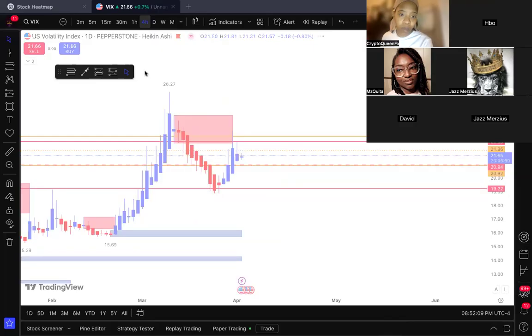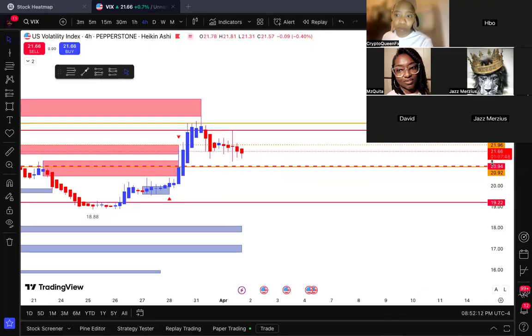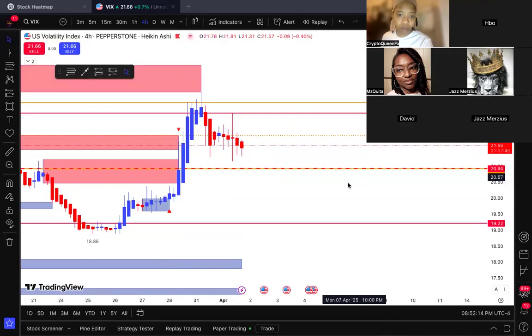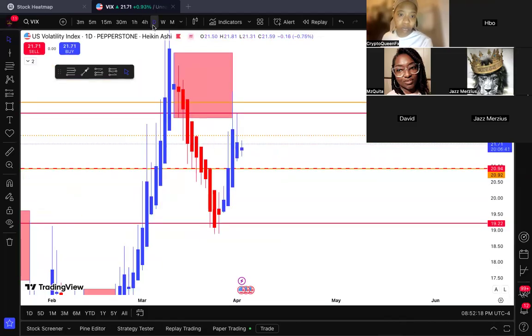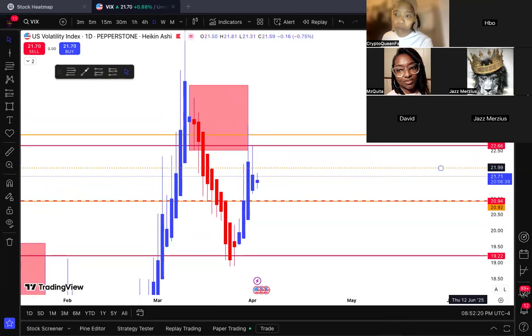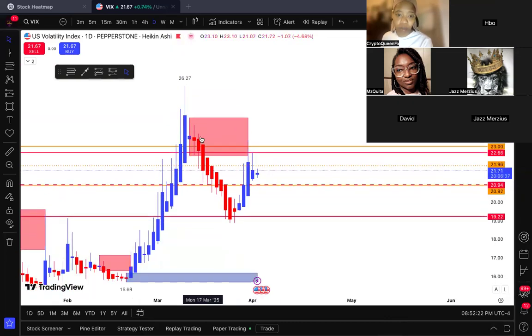People worry it's coming down, and it's coming out of these order blocks. So definitely anticipate indices up buying again.